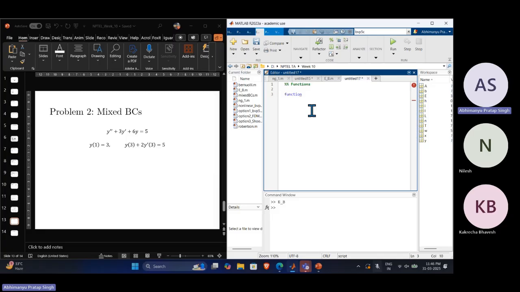First we will solve this using the boundary value problem, and then we will see how this changes the conditions in FDM.